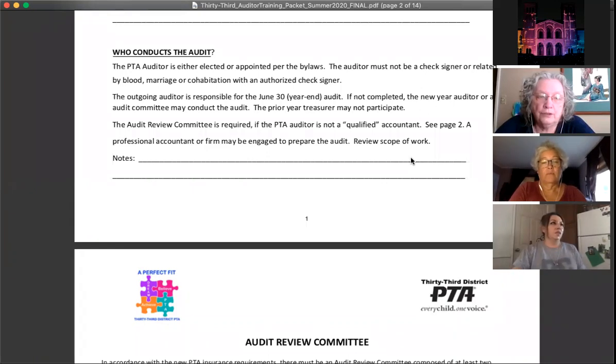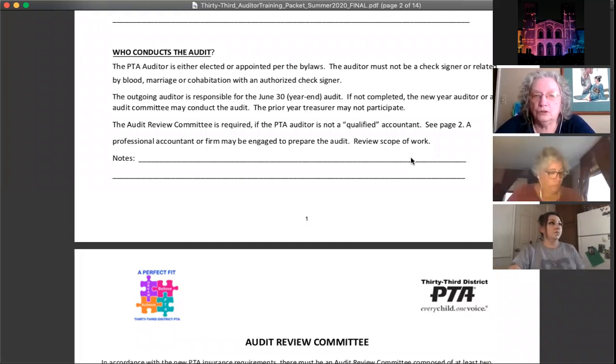So the outgoing auditor is responsible for the year-end audit. If they do not do that, if it's not completed, the new year auditor or an audit committee may do it, but of course the treasurer cannot be on that committee or be the auditor if they were the treasurer in the prior year.